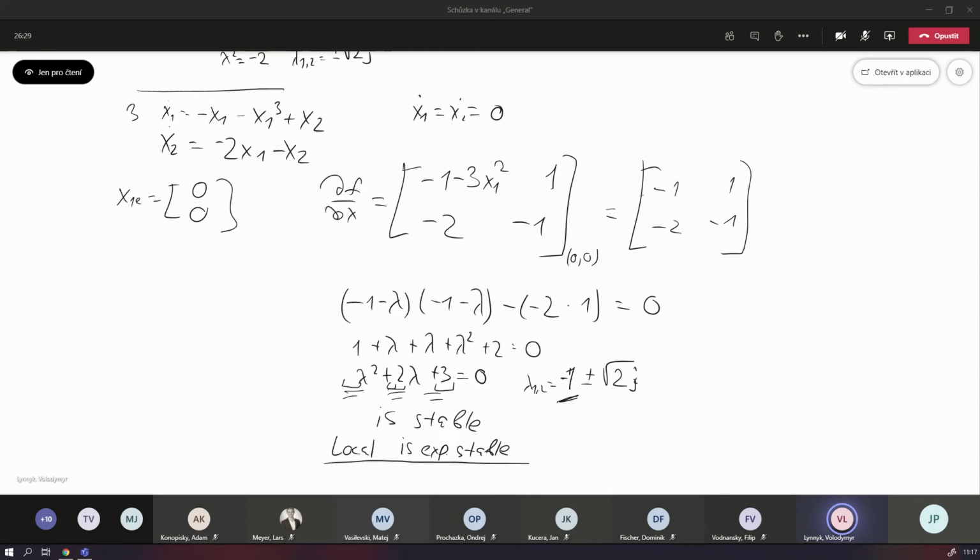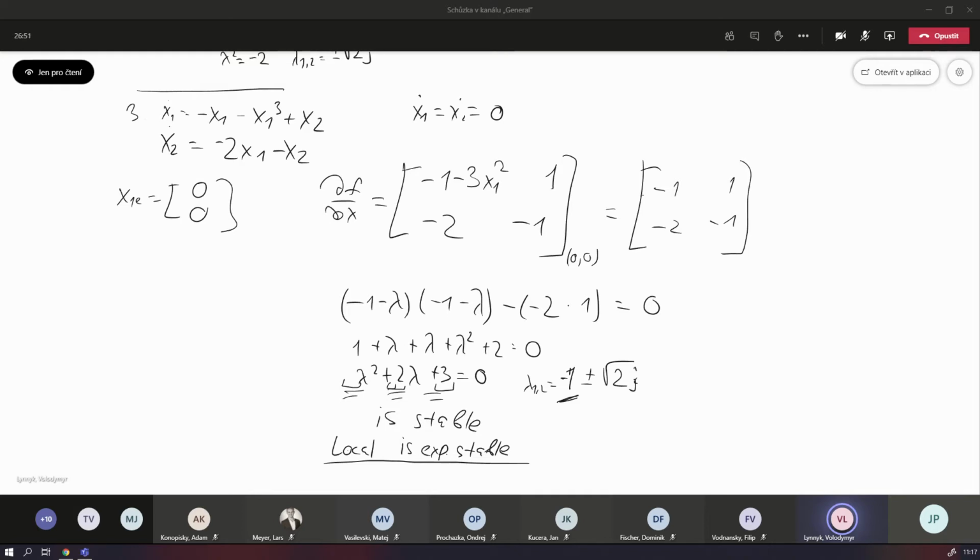Because only in this, but I think this system is globally stable, because there is only one equilibrium point here. Okay, but we analyze only with the indirect Lyapunov method here, and the question is whether this is stable or not, and why.